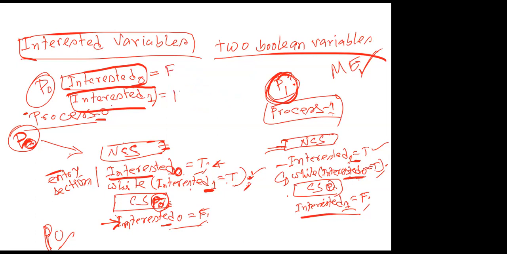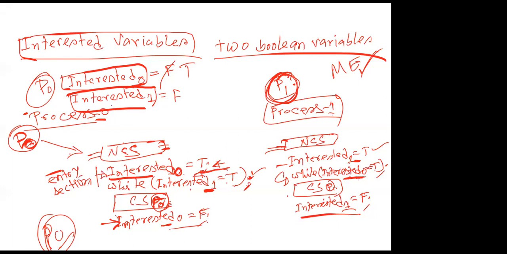Process P0 is scheduled by the CPU, so it executes the non-critical section and makes interested[0] true. After this line, it got preempted here.